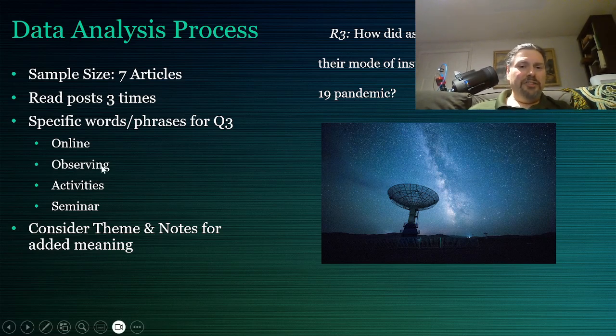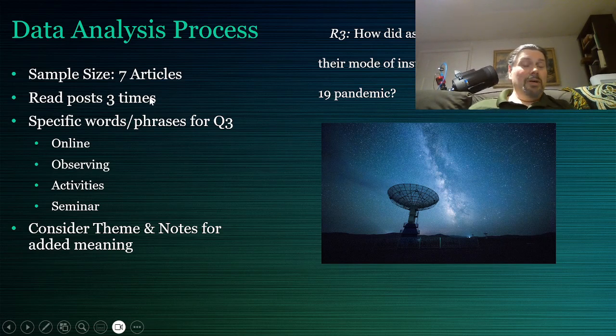So this is a little bit different again. The sample size was only 7 articles; there was not that much on this that I could find. That is a limitation of the study.